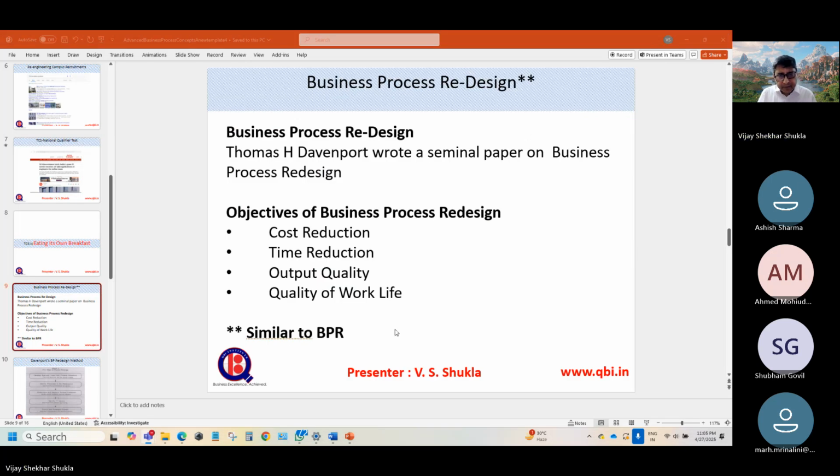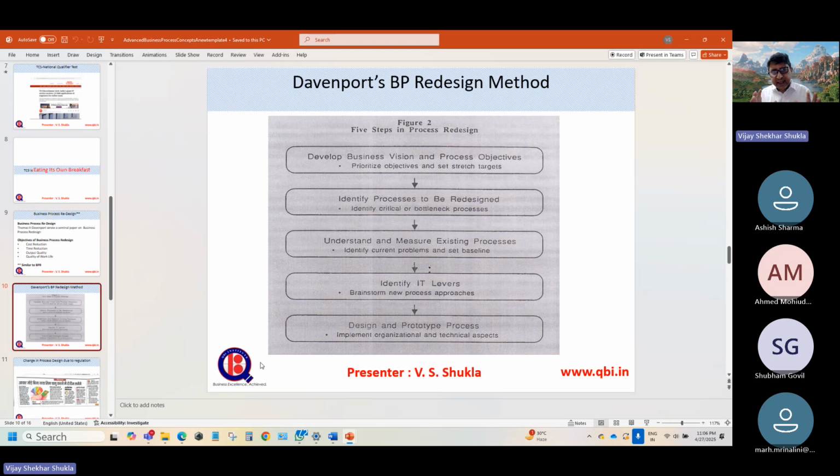You see, Thomas Davenport has written a paper. What he says is that I didn't develop a large vision. What is our vision for process redesign? Identify. Now, you may not redesign all the processes in your organization.